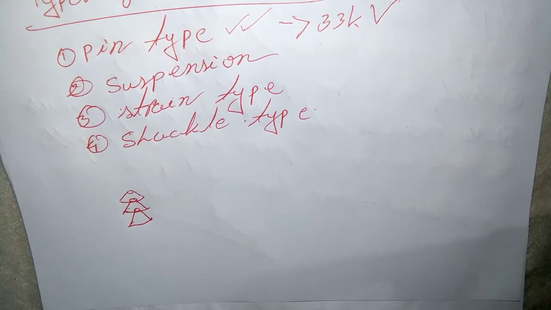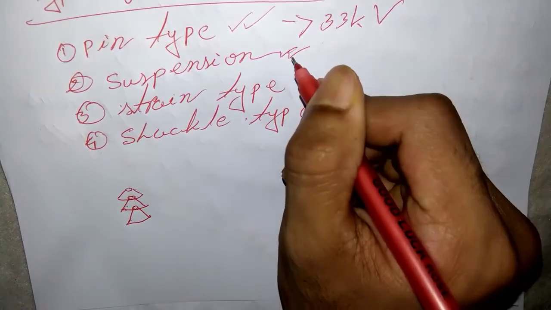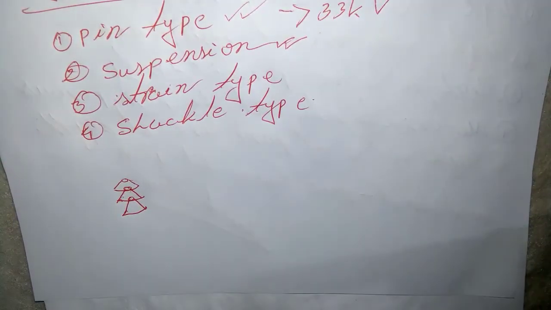Next is the suspension type. The cost of a pin type insulator increases rapidly as the working voltage is increased, so it is not economical beyond 33 kV.